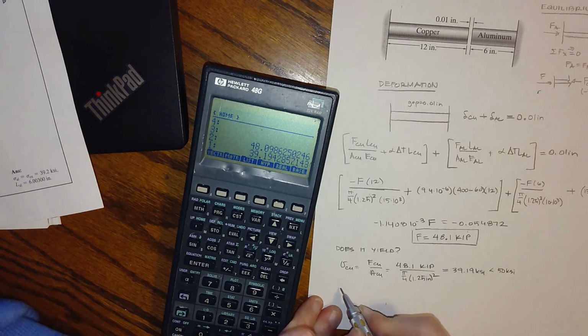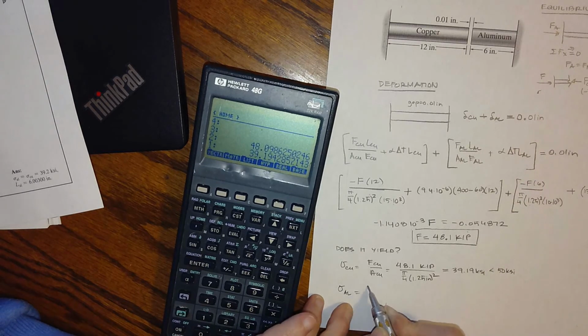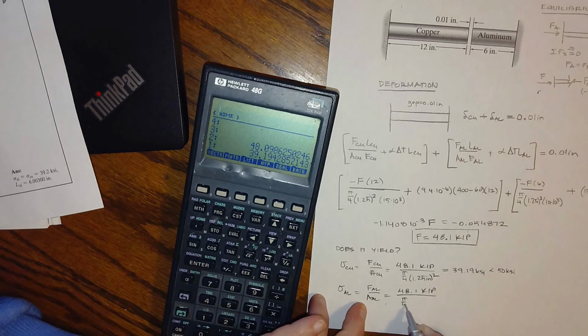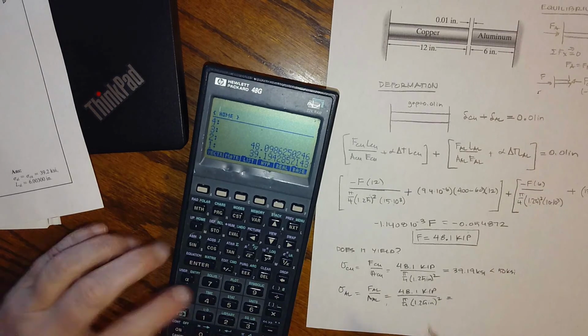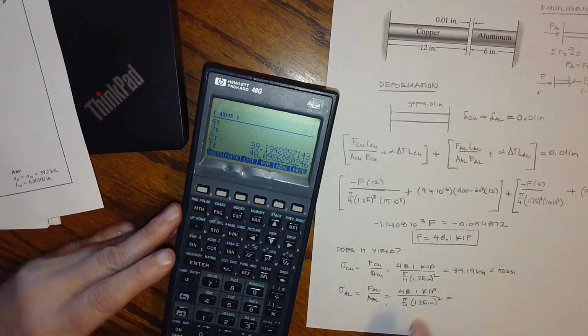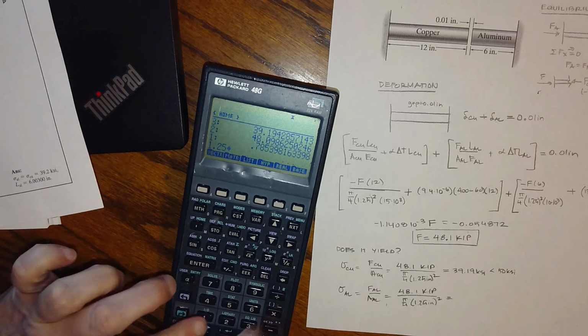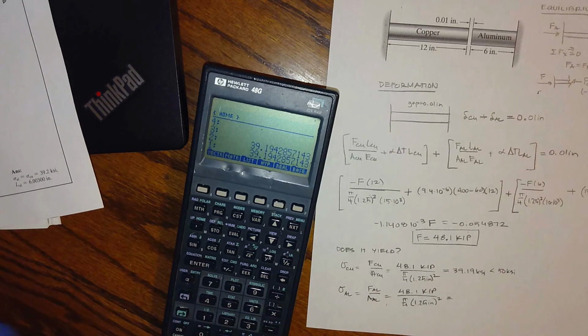Okay, and then we can check the stress of the aluminum, which equals the force in the aluminum divided by the area of the aluminum, and I have 48.1 kips over pi over 4, 1.25 inches squared.